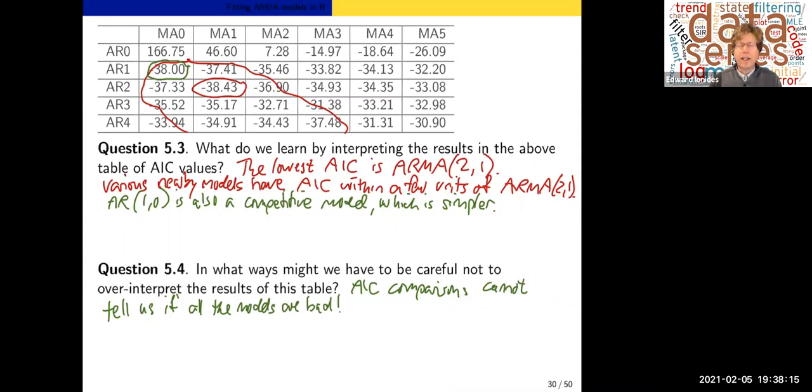All it can say is that one model is a little bit better than the other, or one model is much better than the other, but just because it's the best of a bad set of models wouldn't make it a good model.